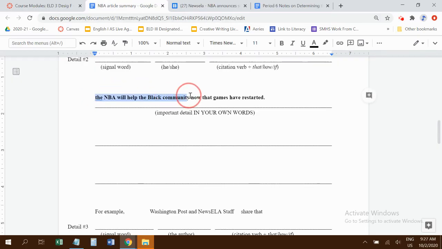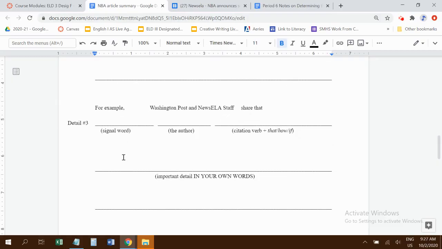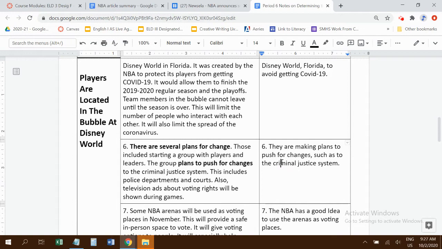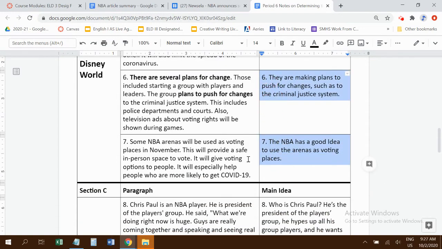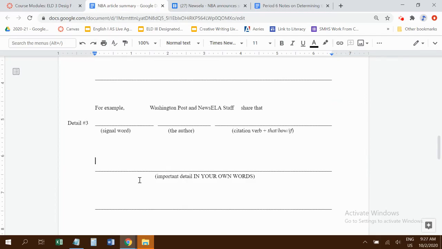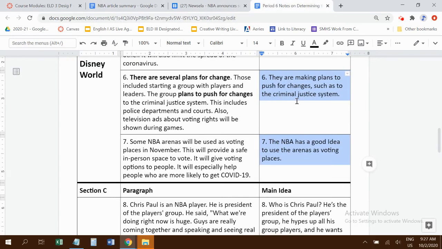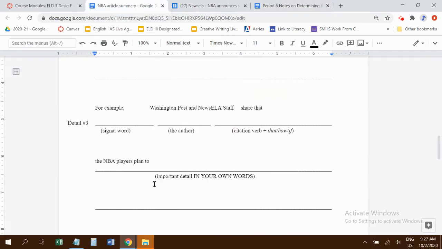Remember, I want to expand on the most important ideas. So I know from the title and also from my notes that these are some of their plans. For example, Washington Post and New Zealand staff share that the NBA players plan to, I don't remember anymore, plan to push for changes in the criminal justice system.